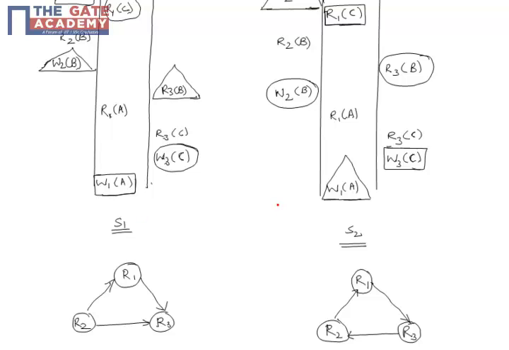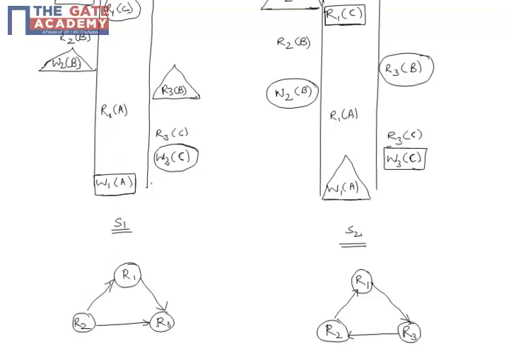As both of the schedules have three transactions, we have three vertices, and we draw an edge from the first vertex to the second vertex if the conflicting operation occurs in the first transaction before the second transaction.